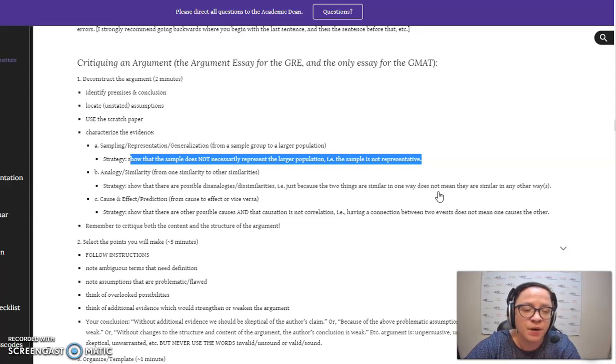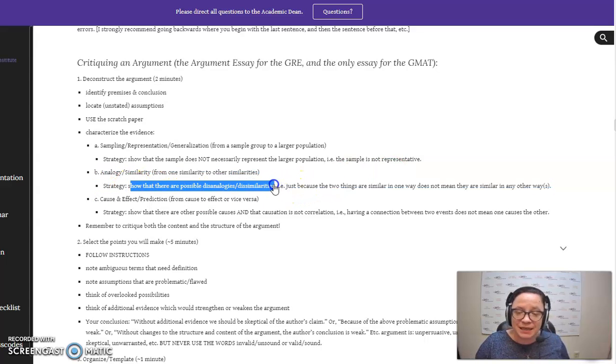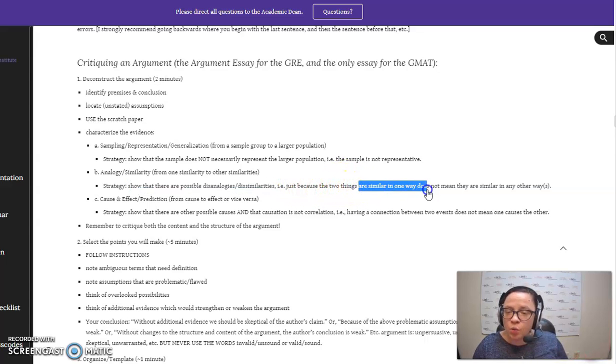The next type of argument they're likely to encounter is the argument based on analogy or similarity. Usually we want to be able to show that there are important dissimilarities. So just because two things are alike in one regard does not mean that they'll necessarily be alike in these other important ways.